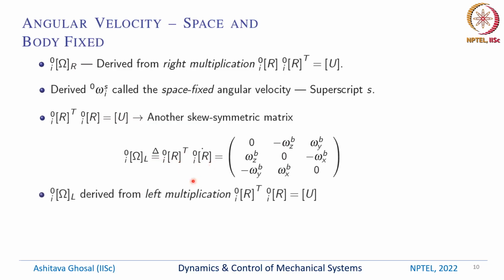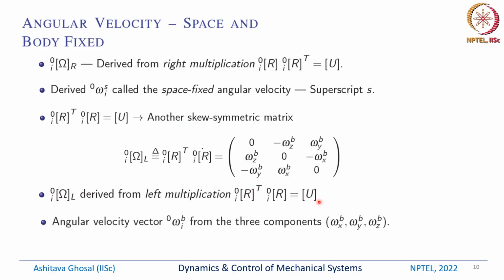Okay, so we want to distinguish between these two angular velocity matrices: one was 0I omega L, and the previous one was 0I omega R. So 0I omega L is derived from the left multiplication R transpose R, which is identity.